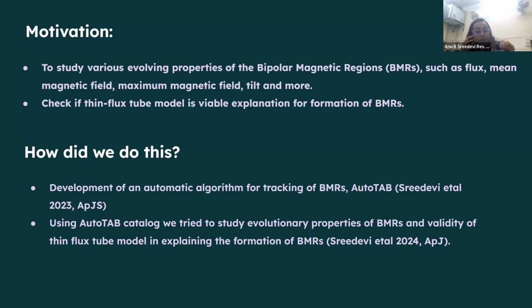AutoTAB has created a catalog of almost 12,173 individual BMRs with evolutionary information for each of them. We use this catalog to look for the observational signatures of the thin flux tube model. My talk will be divided into two parts. I thought that some people will be interested at least in the working of the algorithm, and some people will also be interested in the science.